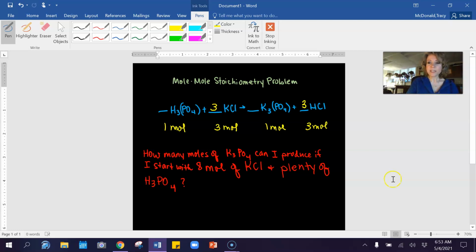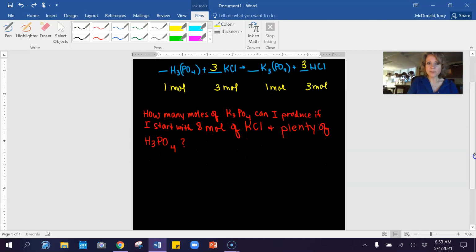Okay, so let's take a look at solving a problem here. How many moles of potassium phosphate can I produce if I start with 8 moles of potassium chloride and plenty of hydrogen phosphate? The part that says plenty of hydrogen phosphate just means that you have an unlimited supply, and that hydrogen phosphate isn't going to limit the amount of product that you can make.